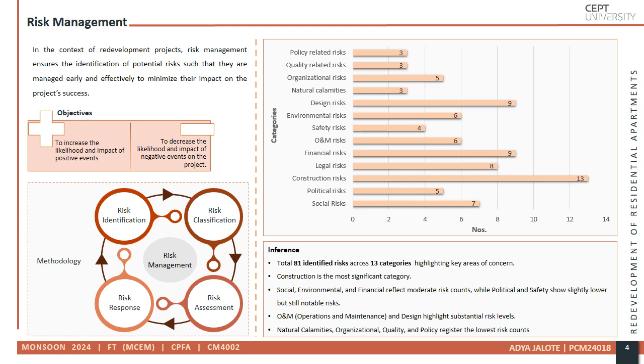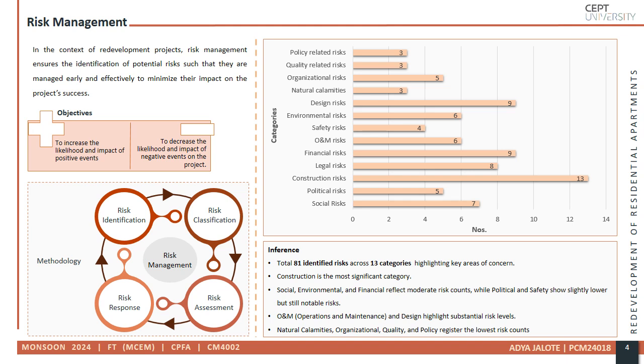Risk management plays a vital role in the success of any redevelopment project. It helps identify potential challenges early and plan strategies to overcome them. The process for this project involved 4 key steps. Risk identification. Potential risks were identified through expert inputs and site conditions.